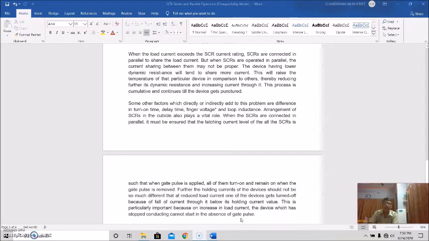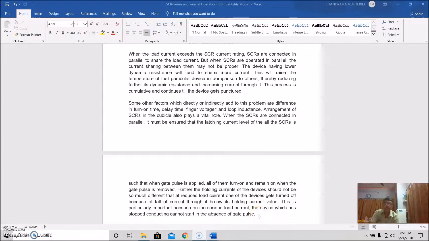This is particularly important because with an increase in load current, the device which has stopped conducting cannot start in the absence of a gate pulse, since once the SCR is turned on, the gate pulse has no role.